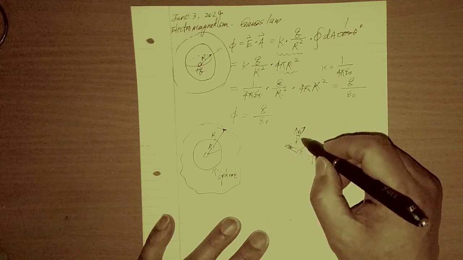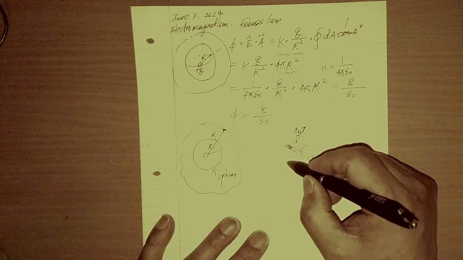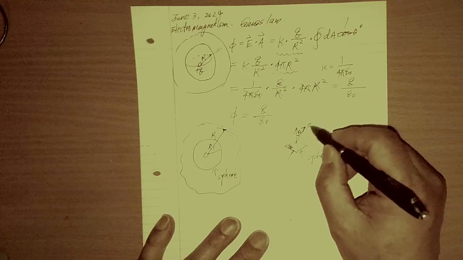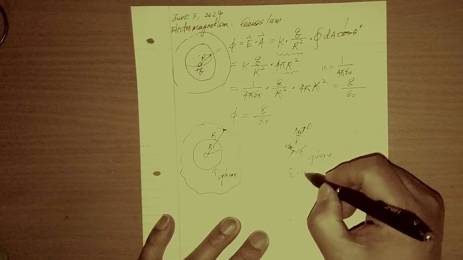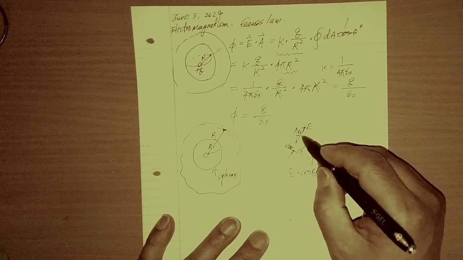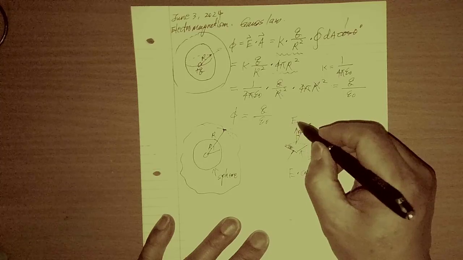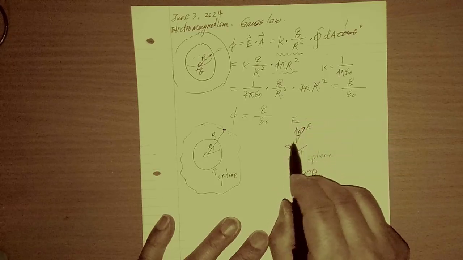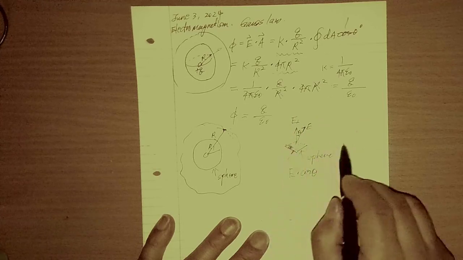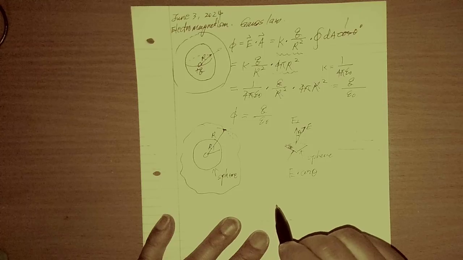So if this is the direction of the electric field E, then E times cosine theta would be the component of E that is perpendicular to the random shaped surface.